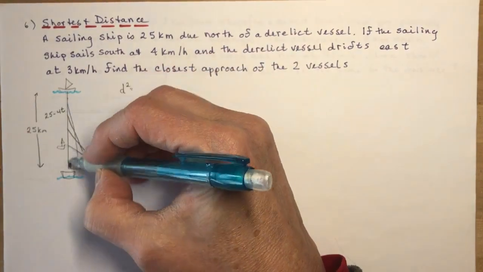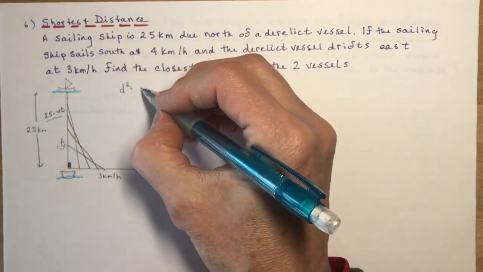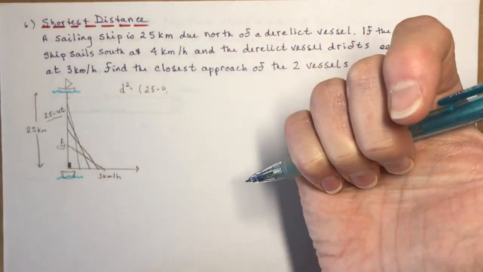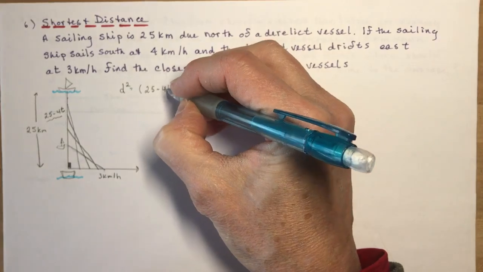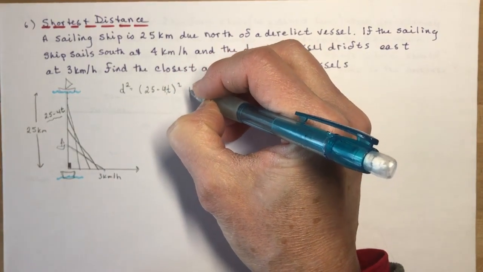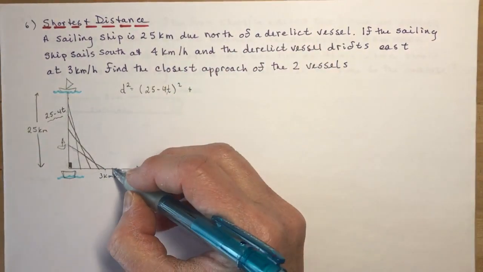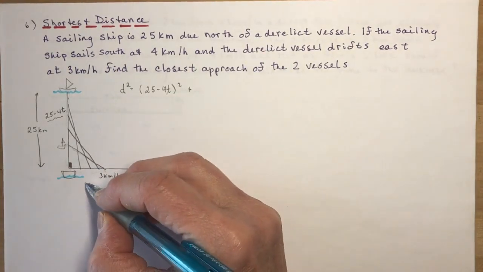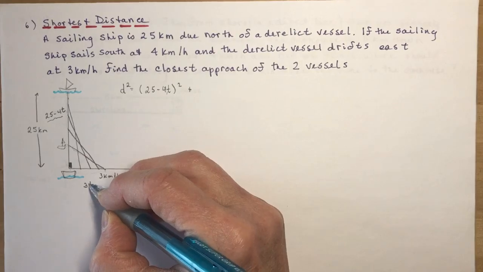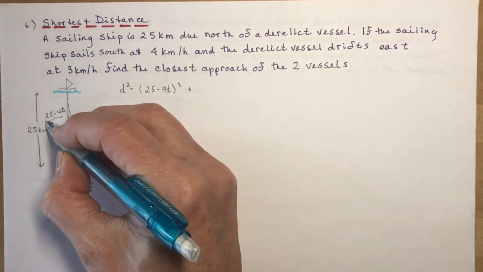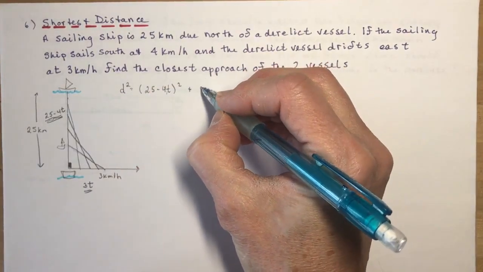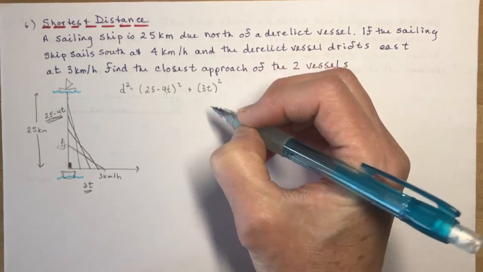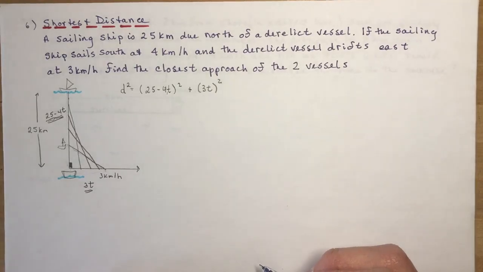So this distance here is going to be (25 minus 4t) squared, plus, and this distance here, so it's going 3 kilometers every hour. So this distance is going to be 3 times the number of hours, t. So (3t) and (25 minus 4t). Don't forget to put this in brackets because you want to make sure you square that 3 as well.